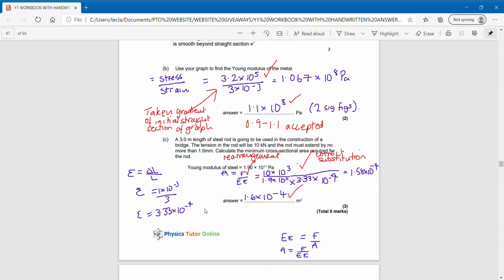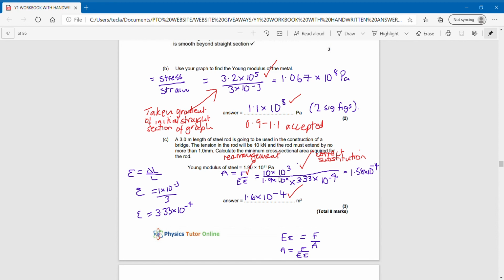So we're going to calculate the strain separately here, or you could put extension over length into the equation if you wanted to. So you can get a strain value of 3.33 times 10 to the minus 4, which then goes into the equation over here.